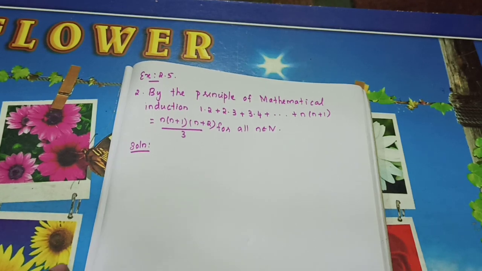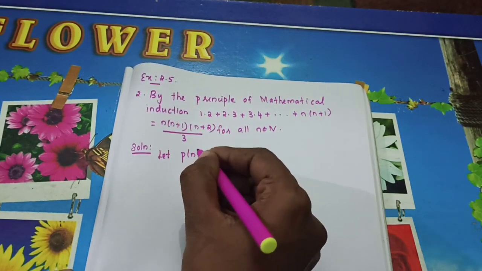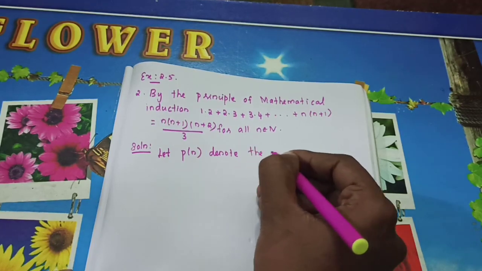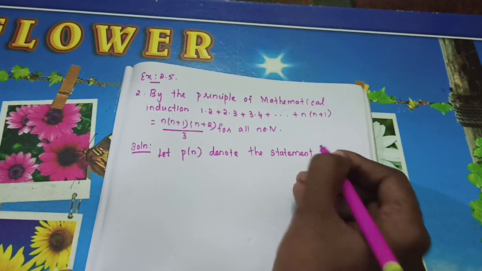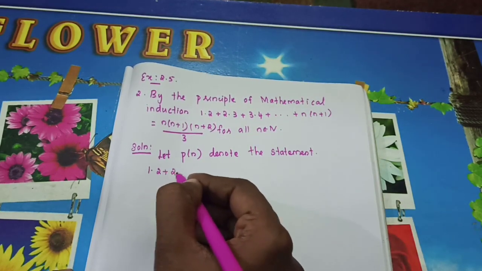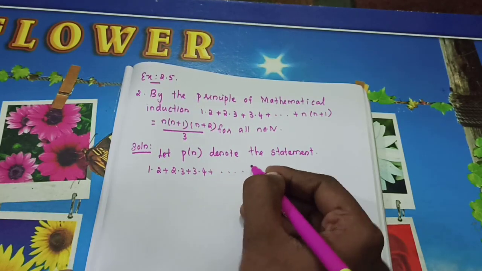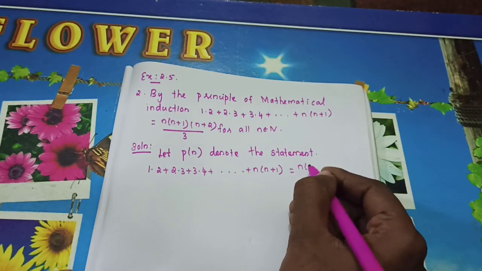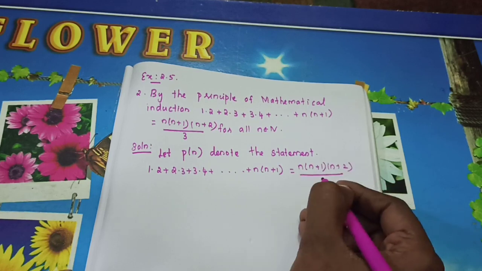So first what will you do? P(n), is it right? So let P(n) denote the statement: 1 into 2 plus 2 into 3 plus 3 into 4 plus etcetera plus n into (n+1) is equal to n(n+1)(n+2) divided by 3.